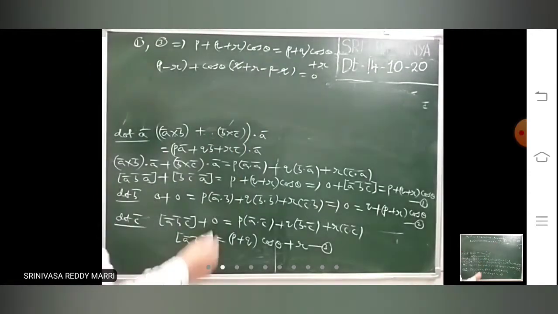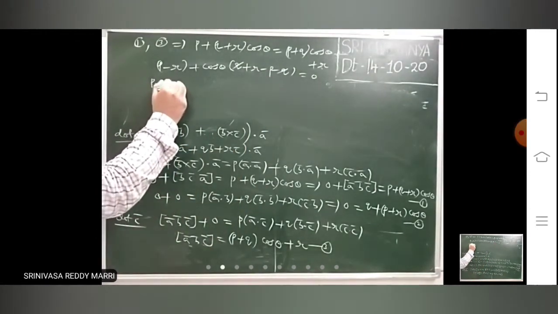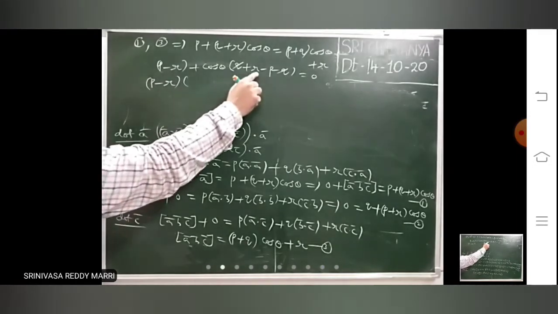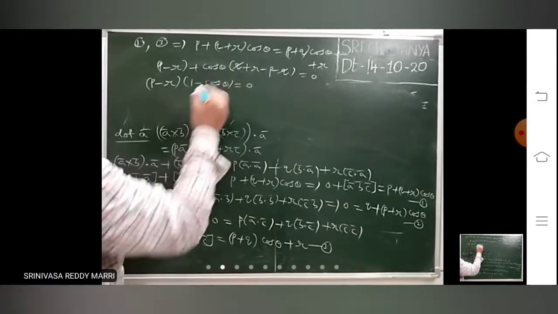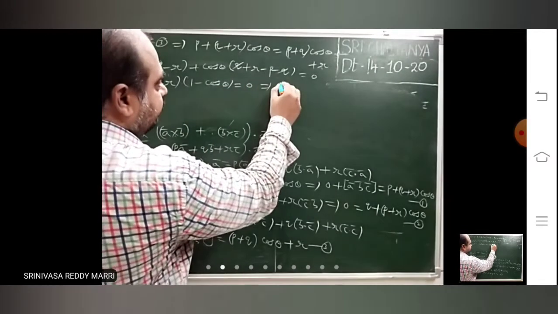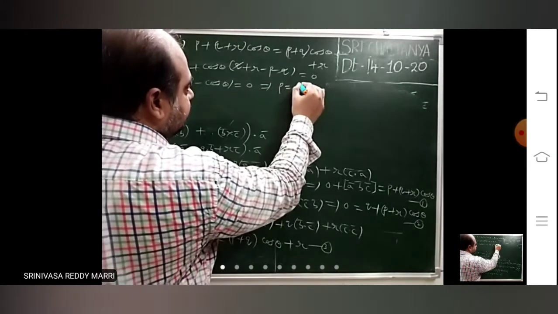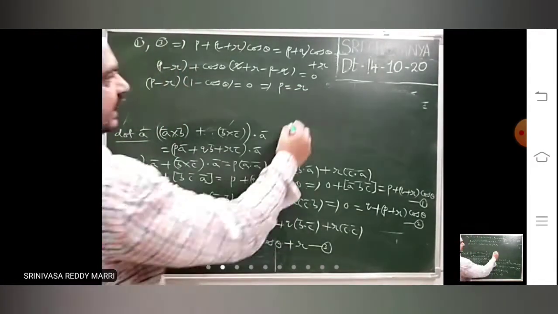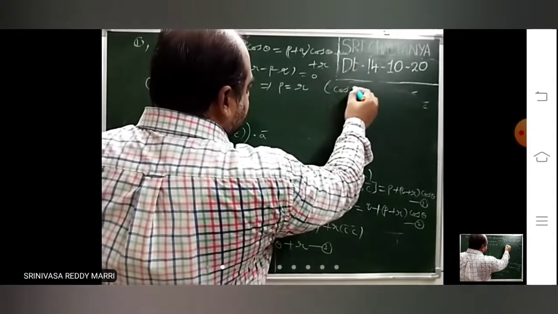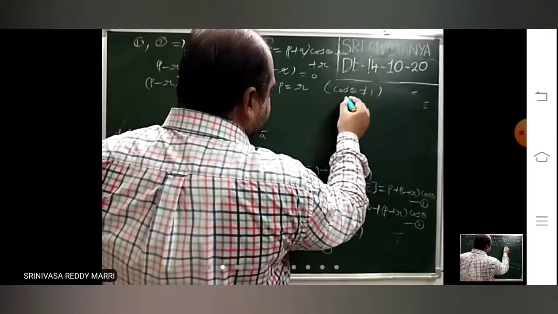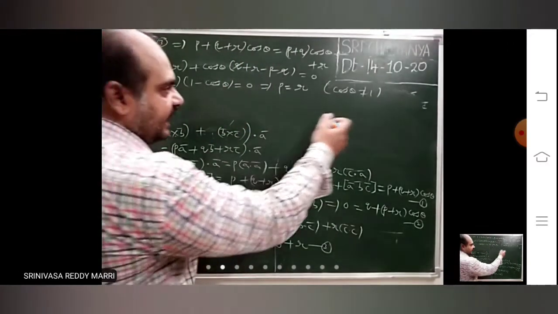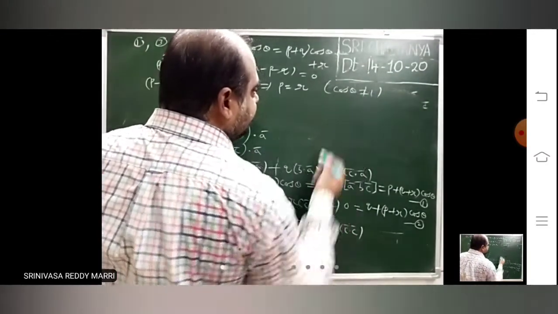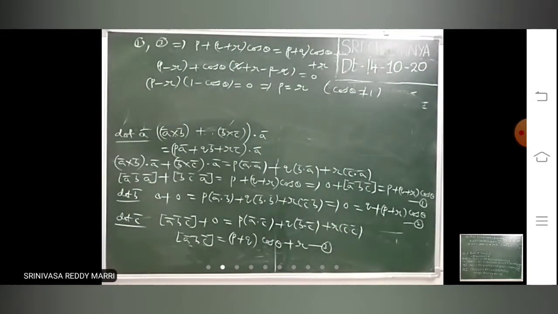Q cancels. Taking P minus R common, you get P minus R into 1 minus cos theta equals 0. That implies P equals R, because cos theta cannot be equal to 1. Cos theta equal to 1 means theta would be 0, but given that the angle between each pair is the same, theta cannot be 0. So P equals R.